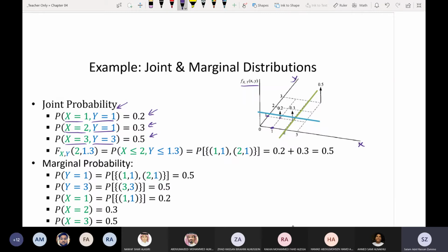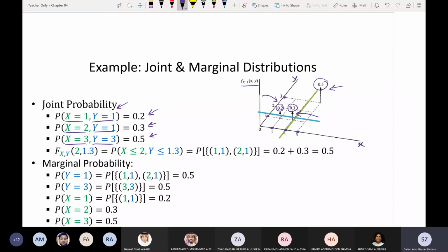This is the first impulse. And at x equals 2 and y equals 1, we have another impulse of 0.3. And we have the last one, at x equals 3 and y equals 3. So basically, the two random variables are distributed according to these three impulses: this, this, and this.